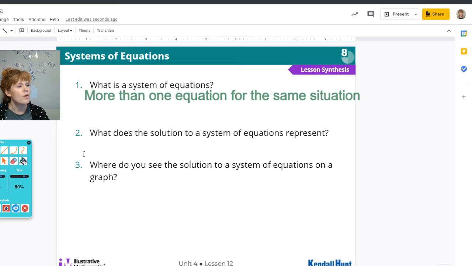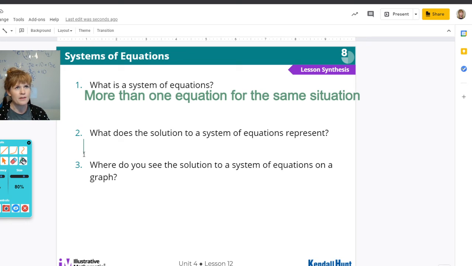Number two, what does the solution to a system of equations represent? The solution to the system of equations represents when both equations have the same ordered pair. There's an ordered pair that makes both equations true.